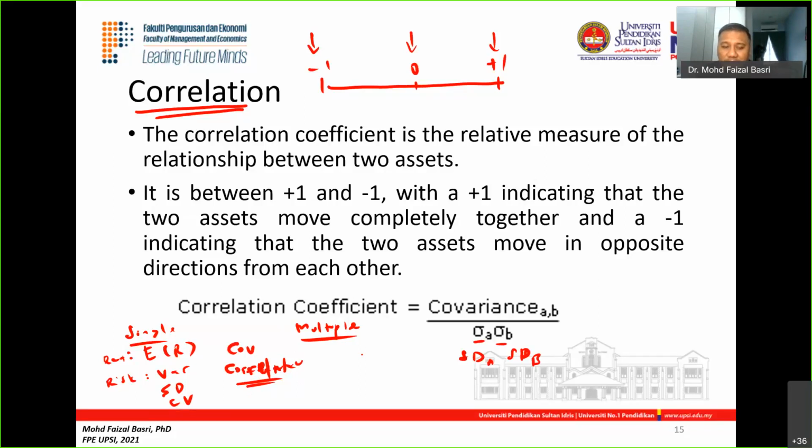When we measure the multiple assets afterwards, we're going to revisit the ER, variance and also standard deviation again. So we have three measurements for the multiple assets. In order to calculate the multiple assets, we need the transition formula, the relationship formula, especially this covariance. The covariance is really important.